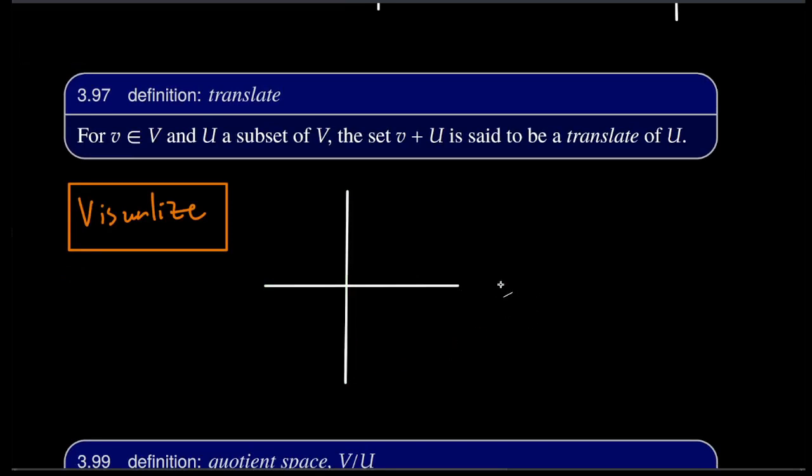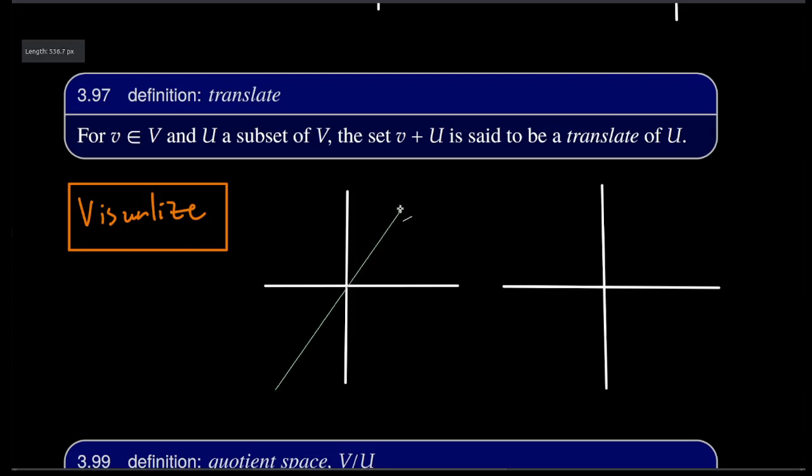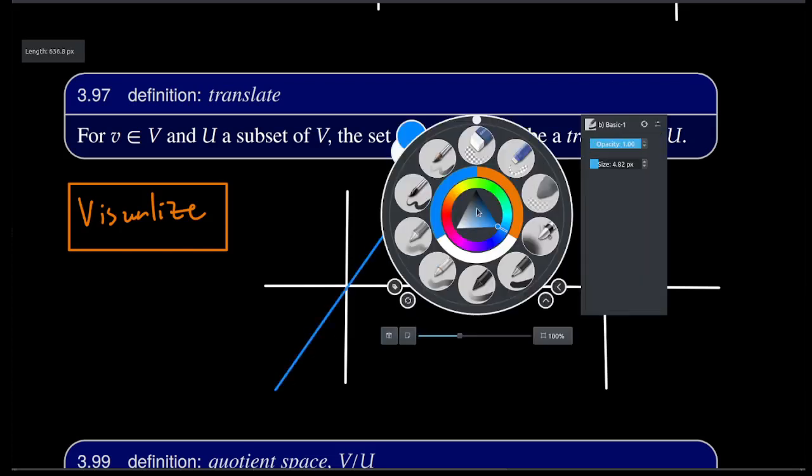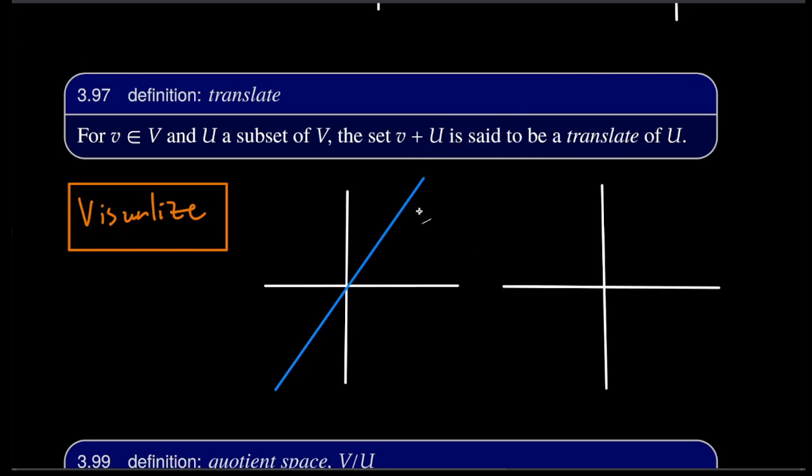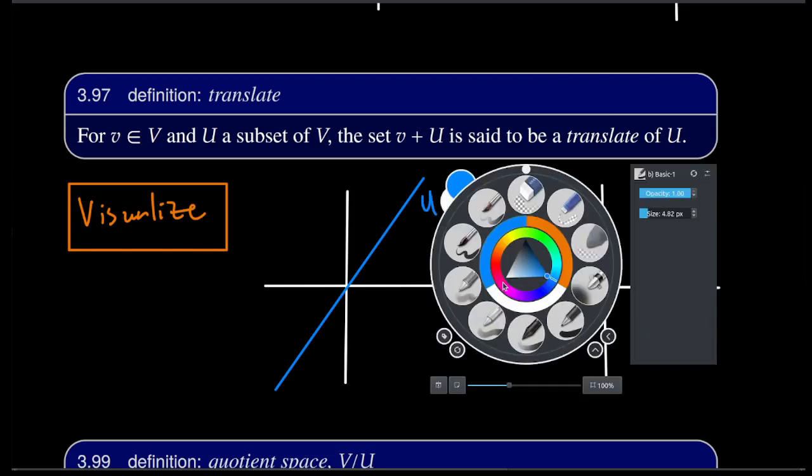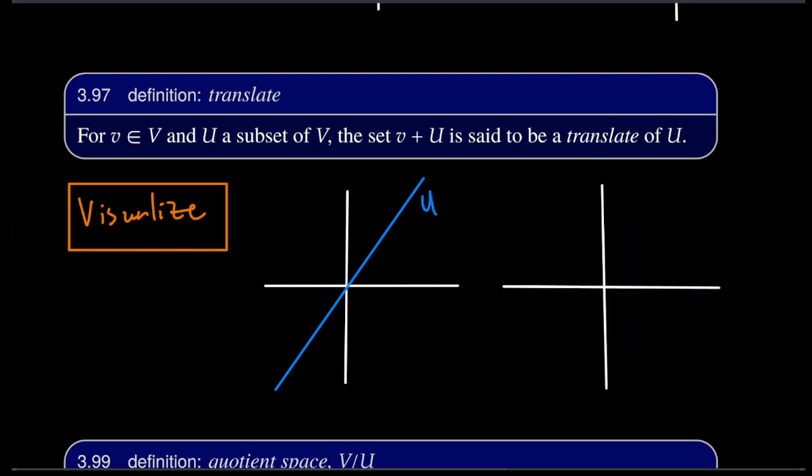Okay, in R2, subspaces that aren't all of R2 or trivial look something like this. Now I could grab some kind of a vector. Let's take a vector, say like this one. Let that be v.